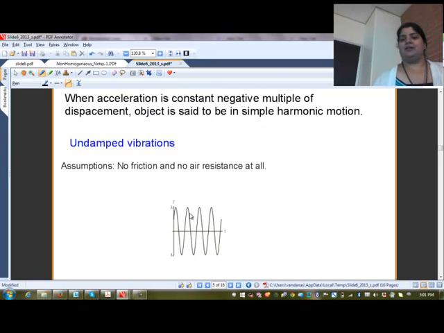Now this graph shows the y-axis is displacement, the x-axis is time, and how the displacement changes with time. From here to here is one cycle, and the length from this peak, the maximum height, is your amplitude.